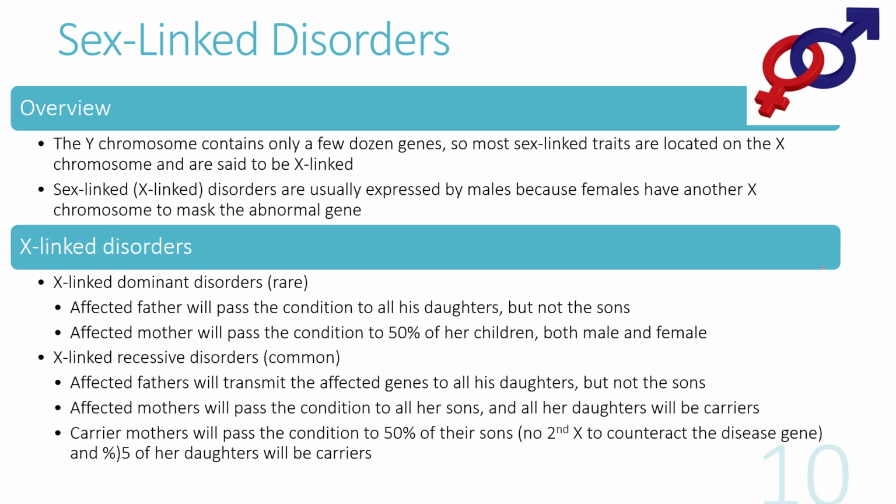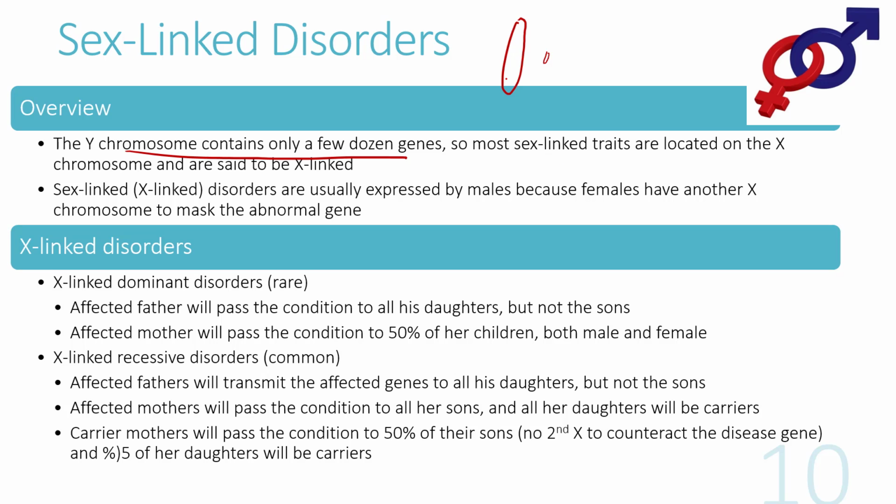Next thing, sex-linked disorders. Again, if you look at the karyotype in the first slide, you have an X chromosome, which is quite large, and a Y chromosome, which is relatively small. The Y chromosome only contains a few genes, so most sex-linked traits are located on the X chromosome and therefore are said to be X-linked or sex-linked, right?